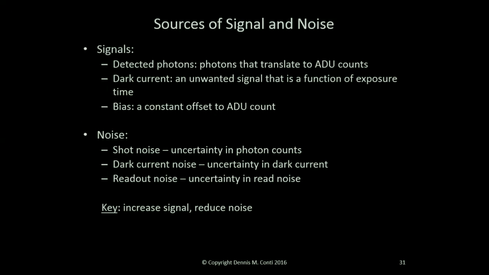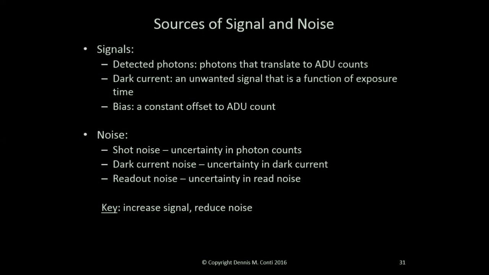Now, let's talk about the sources of signals and noise in our CCD detector. As far as signals are concerned, certainly the photons that enter the CCD detector are very important sources of signal. These are, as we said earlier, translated to ADU counts. Dark current actually is an unwanted signal.